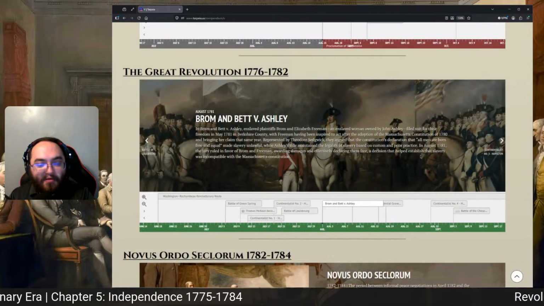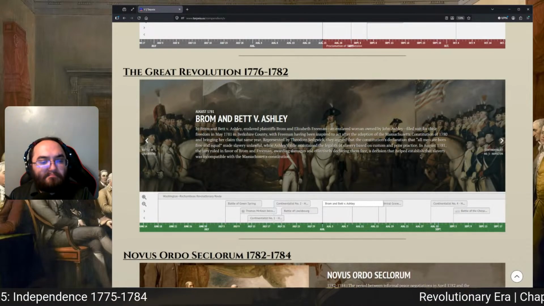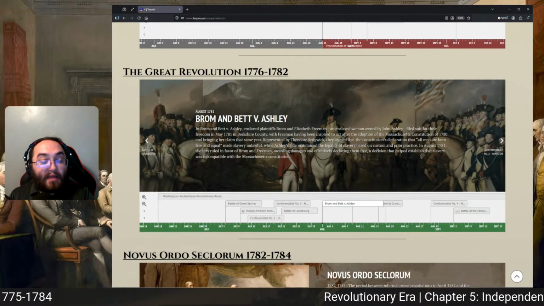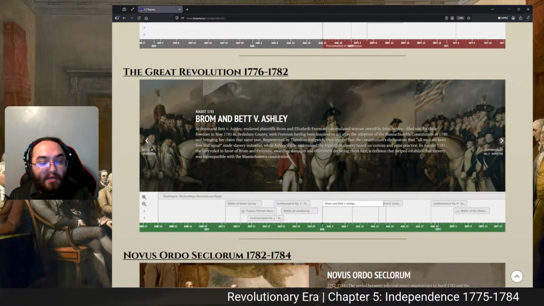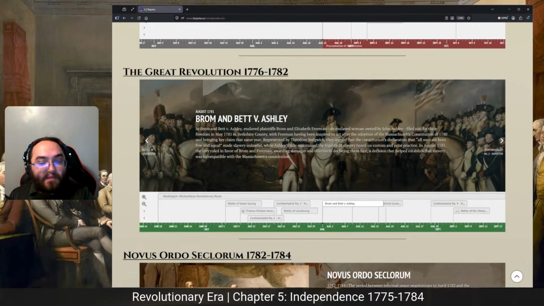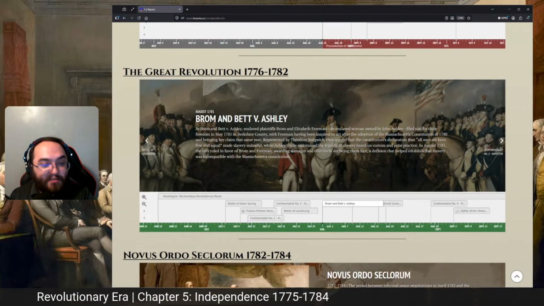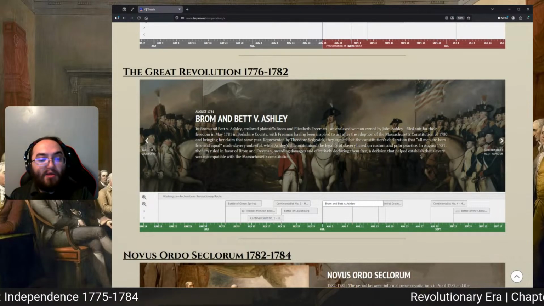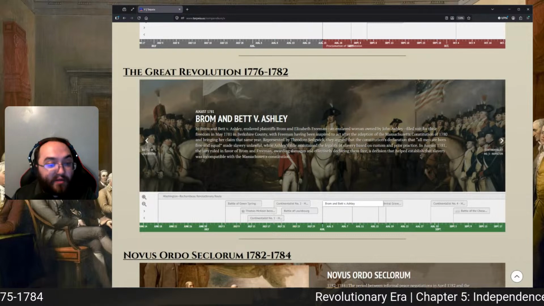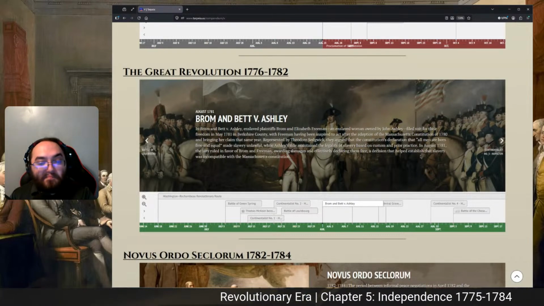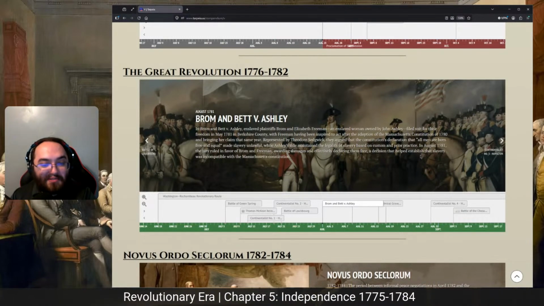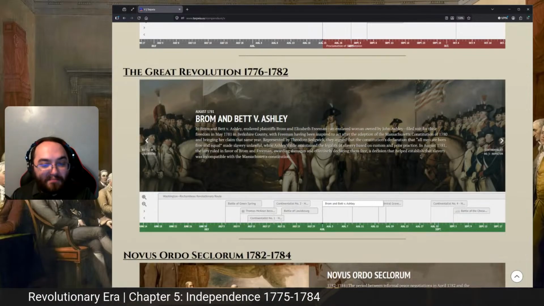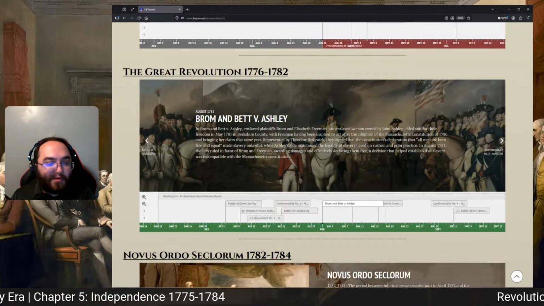Brom and Bett v. Ashley. This is a case that's going on in Massachusetts. It's a case about slavery, and the Massachusetts courts rule in favor of the slaves, freeing them, because the Declaration says that all men are created equal.